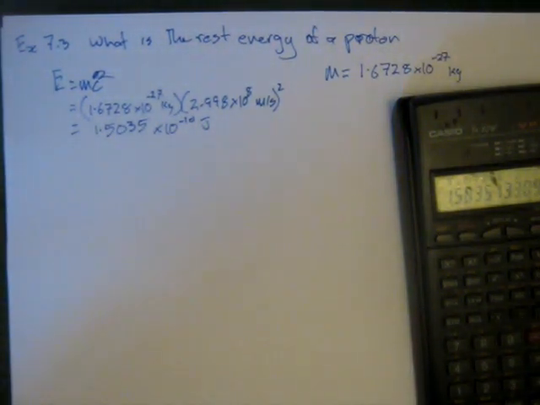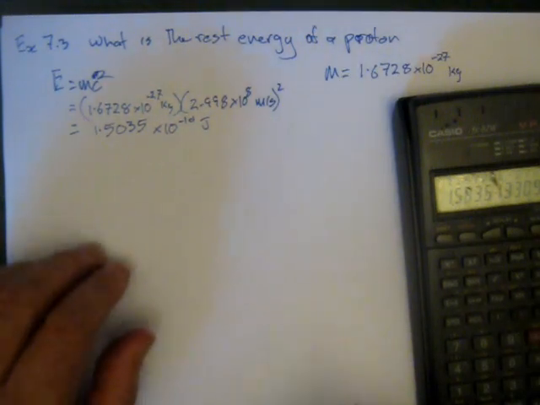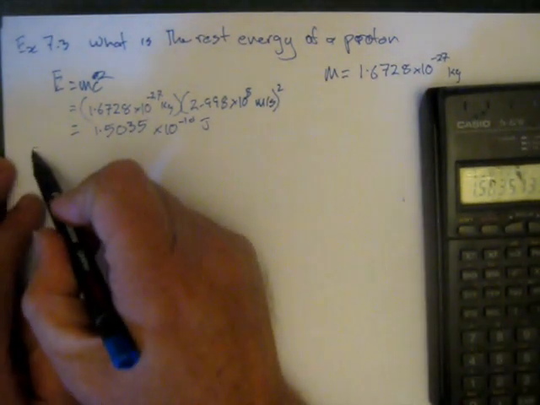Now is that little or a lot? Well, on the macro scale, our size, we wouldn't even notice that. However, down at the atomic scale for a proton, let's check. Let's convert that to electron volts.